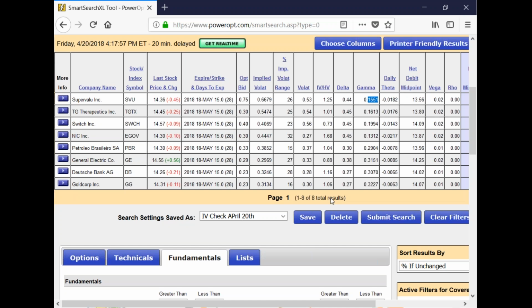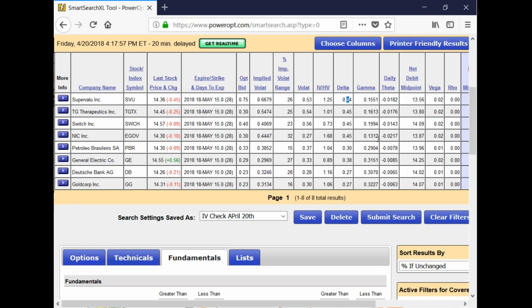Whereas with Gold Corp, our delta is only 0.27. If Gold Corp goes up to 1535, we'd expect this option bid price to go to maybe 50 cents, almost double. But the delta will now change by 0.32. So that means the delta would almost jump up to as high as where this one is now.